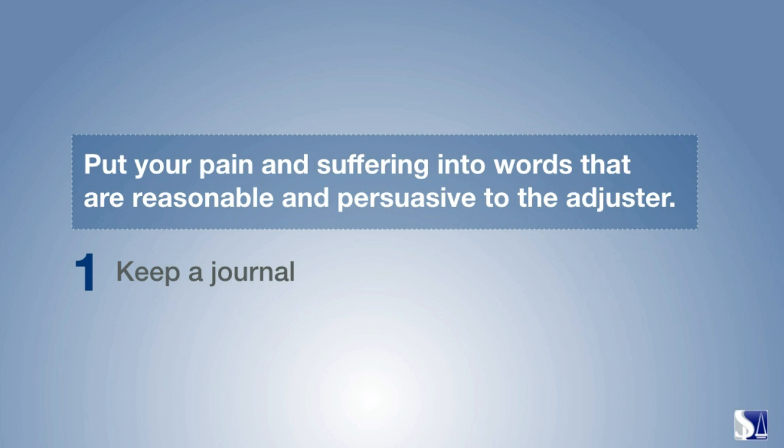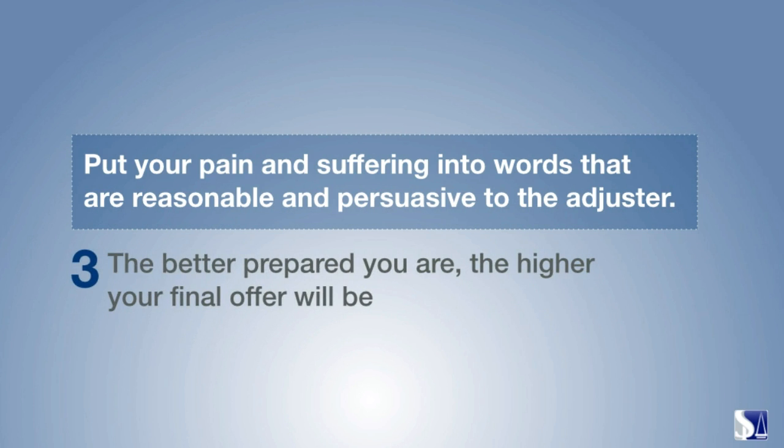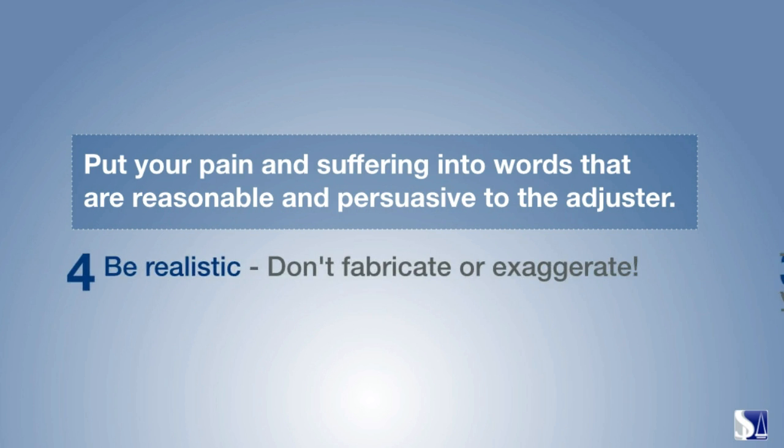Be open and honest, even if you feel some of the information is too personal. The better prepared you are to convince the adjuster of the depth of your pain and suffering, the higher your final offer will be. And remember, to fairly calculate your pain and suffering settlement, you must be realistic. Fabricating or exaggerating experiences can damage your credibility and harm your case.